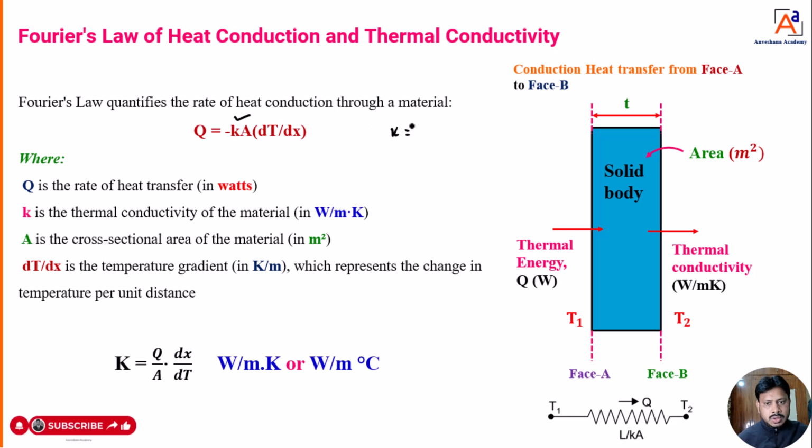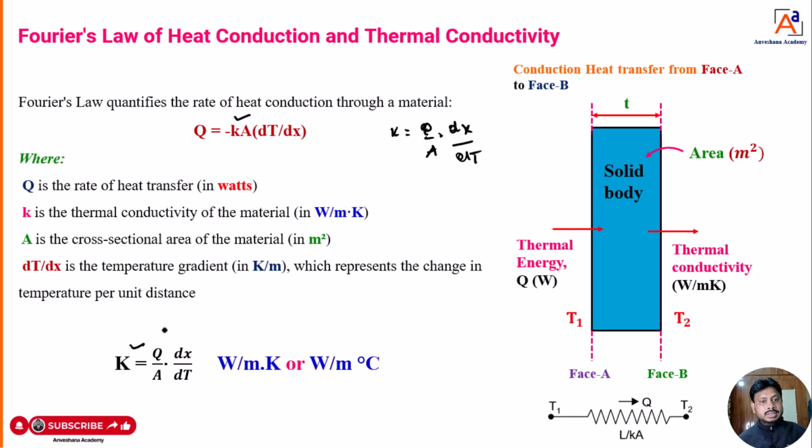K is equal to Q divided by A, and then dx divided by dT goes to the other side. So the same thing I have written: K is equal to Q by A times dx by dT.